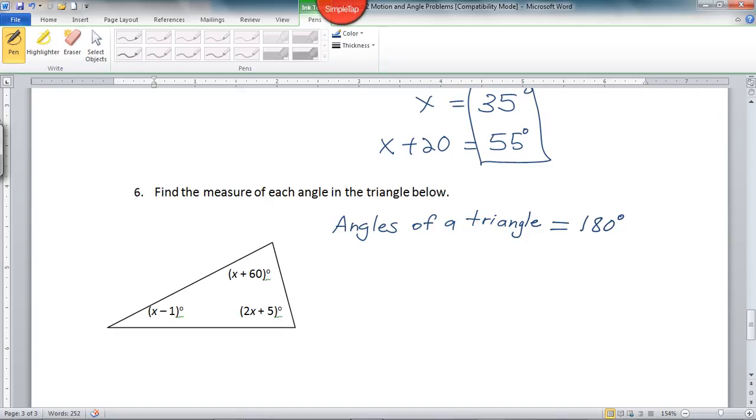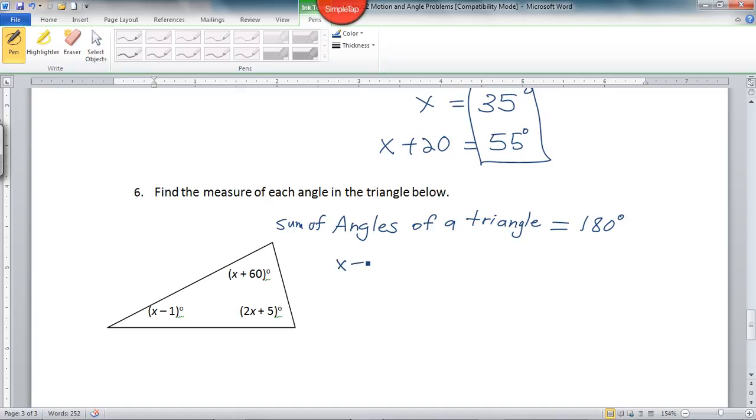All right, so there's our equation. That will always hold no matter what size this triangle looks like, or if you have a tall, skinny one, or a short, wide one. Doesn't matter. Always the sum of the angles of a triangle. Well, that means you take the three angles and add them together.